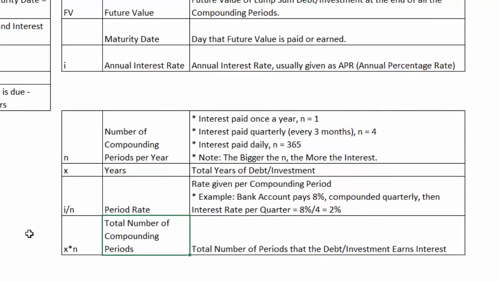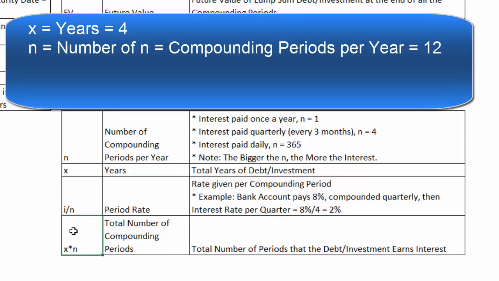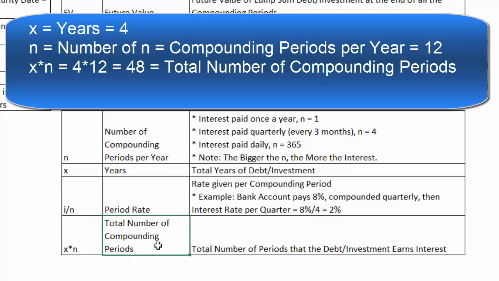That means years times number of compounding periods per year. So if years are 4 and n is 12 compounding periods per year, 4 times 12, I think it's 48. So the total number of compounding periods would be 48.